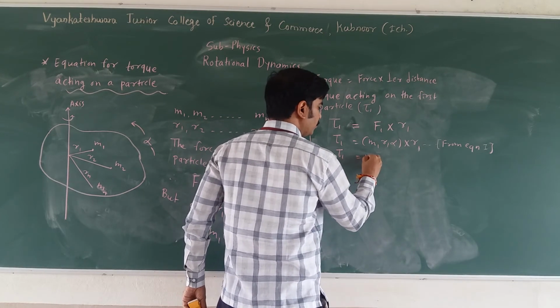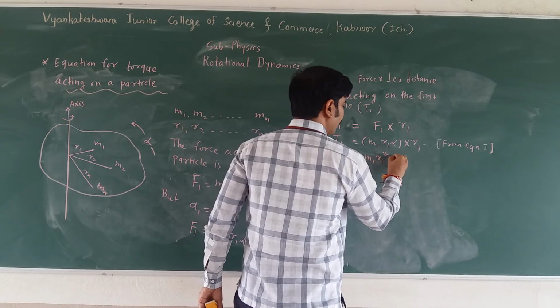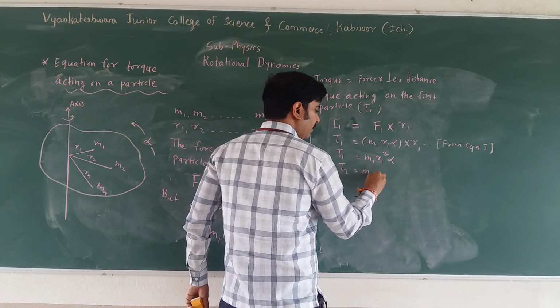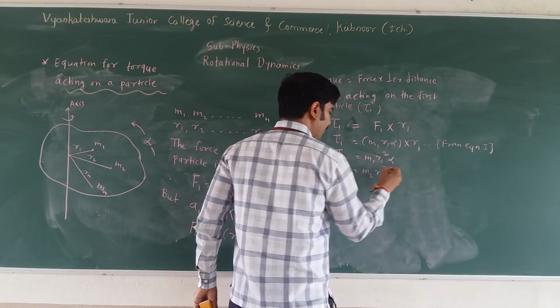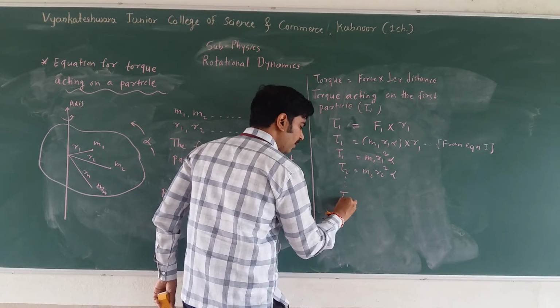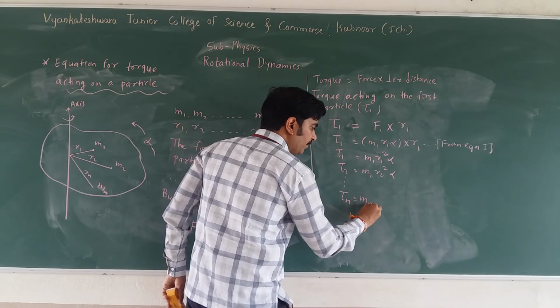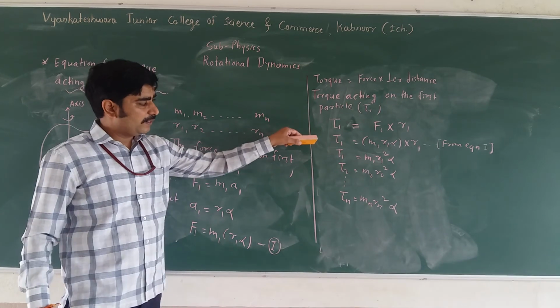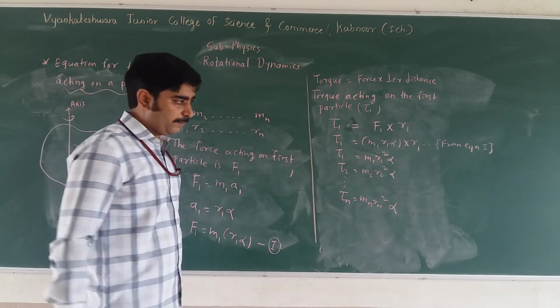Torque 1 is equal to M1 R1 square alpha. Similarly, torque 2 is M2 R2 square alpha, up to torque n, Mn Rn square alpha. So these are the torques acting on the first particle, second particle, up to the nth particle.